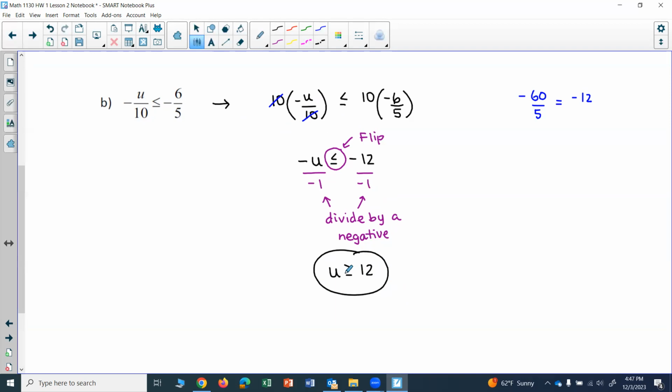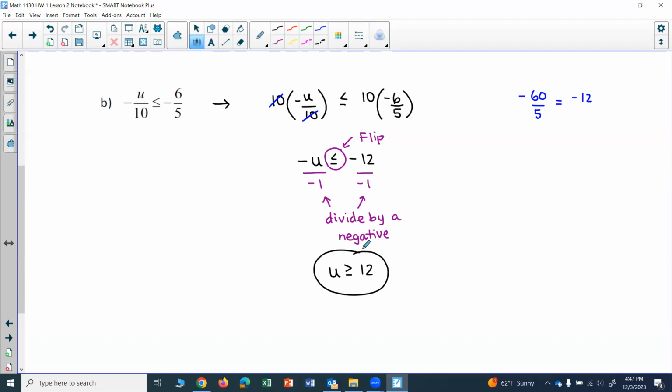If you want to check that you have the correct direction of your inequality, you could pick a number that's greater than 12 and plug it in. So if I plugged in 20, for example, then I would get negative 20 over 10, which gives me negative 2, which is less than or equal to negative 6/5.